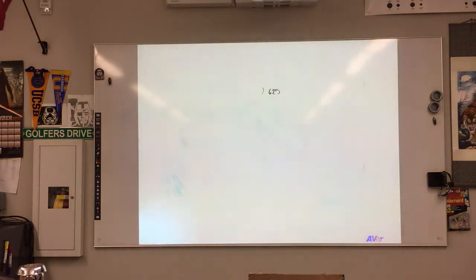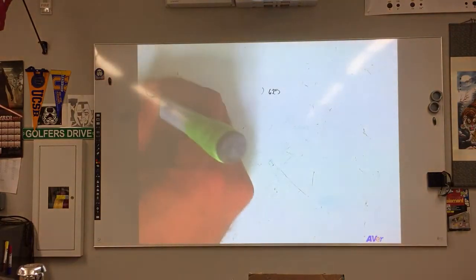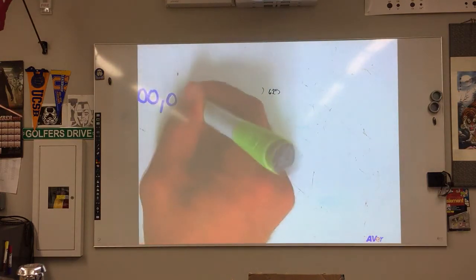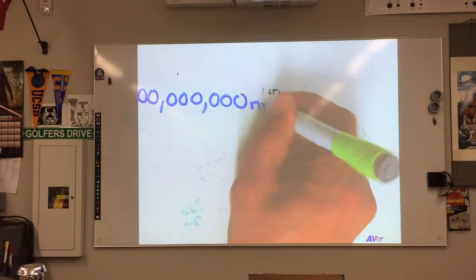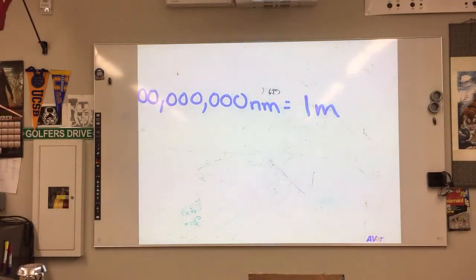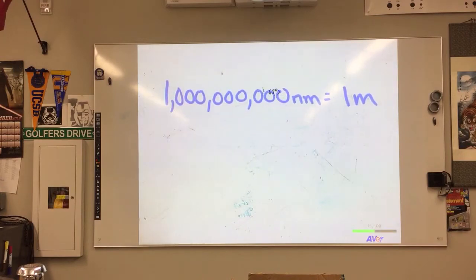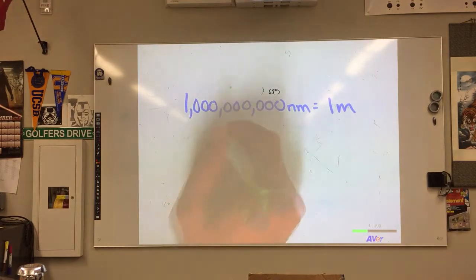It just so happens that 1 billion nanometers equals 1 meter. Now that's a hard number to write. It's even hard to fit on this screen. So what we're going to use is scientific notation.